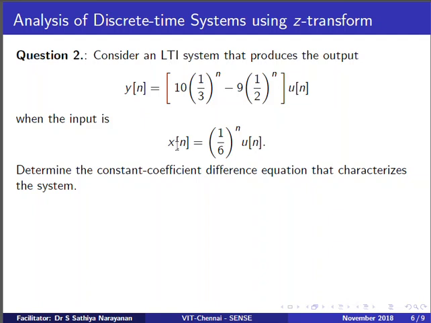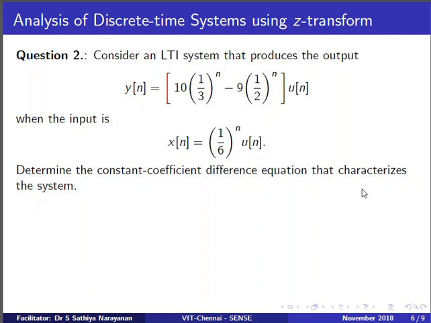So when x of n equals (1/6) raised to the power n u of n, we get the given output. From just this one combination, you are supposed to find the constant coefficient difference equation. And yes, there is a method.